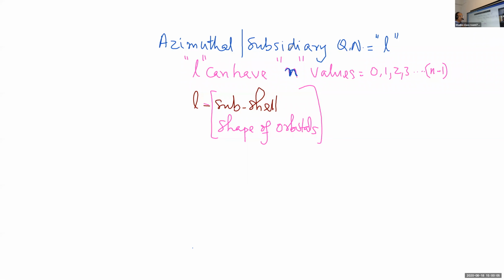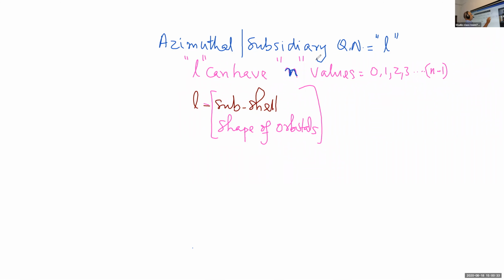If we get the L value, immediately we can reach the subshell. And if we get the subshell, then we can determine the shape of the orbital. So the L value gives an idea regarding the subshell, and secondly, the shape of the orbital also.